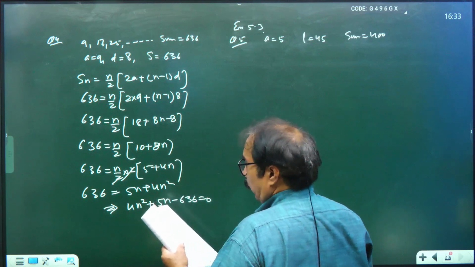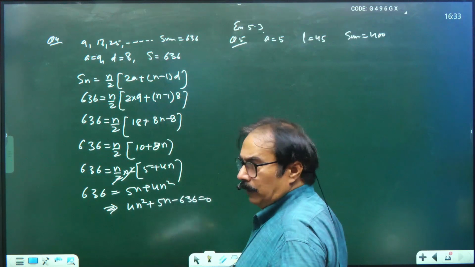Then find the number of terms and the common difference.